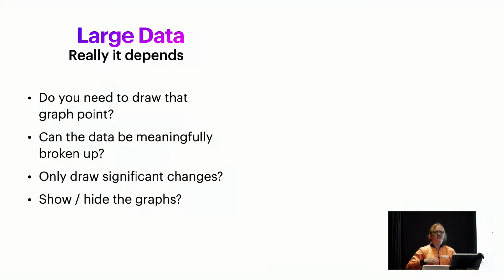So if there hasn't been a significant change in your values from one point to another, can you just get rid of them? Because it's a representation, can you just throw out 4 out of the 5 bits of data? Look at your data, understand your domain, and go, okay, what can I show?